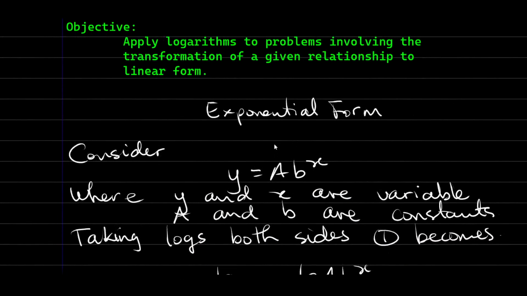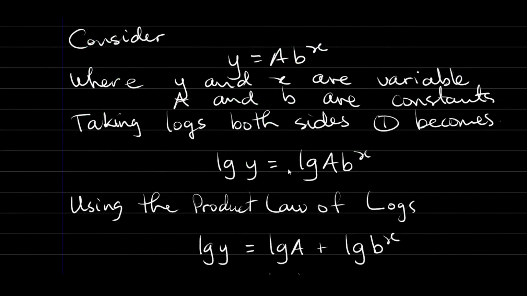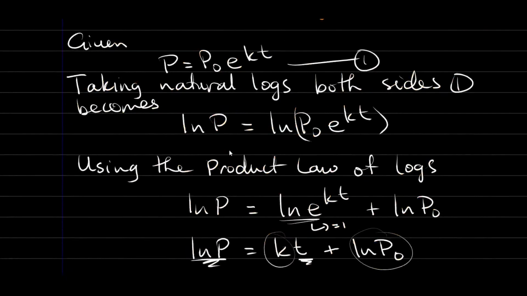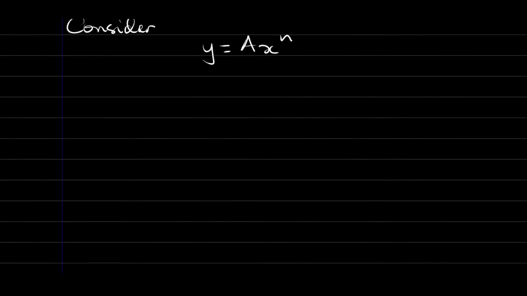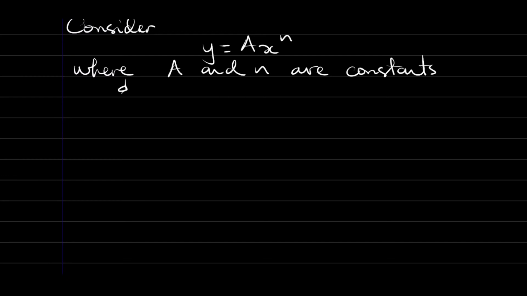We just take logs both sides and we write it in the form of y equal mx plus c. I took logs here before. Let me take lns here now. It doesn't matter, right? So where a and n are constants, and y and x are variables.